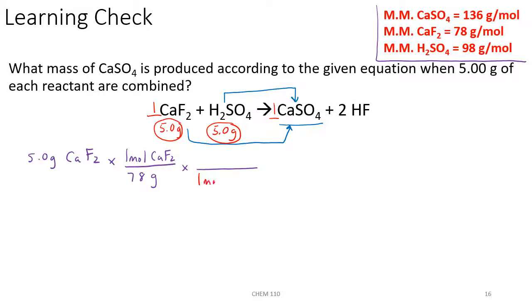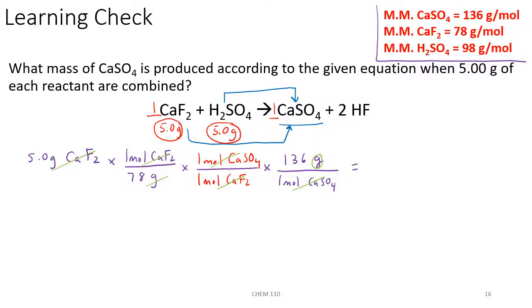So for every 1 mole of CaF2 that reacts, we produce 1 mole of CaSO4. Lastly, using the molar mass of calcium sulfate, 1 mole of calcium sulfate in the denominator is about 136 grams. Our grams of calcium fluoride cancel, our moles of calcium fluoride cancel, moles of calcium sulfate cancel, and our units will be grams of calcium sulfate.